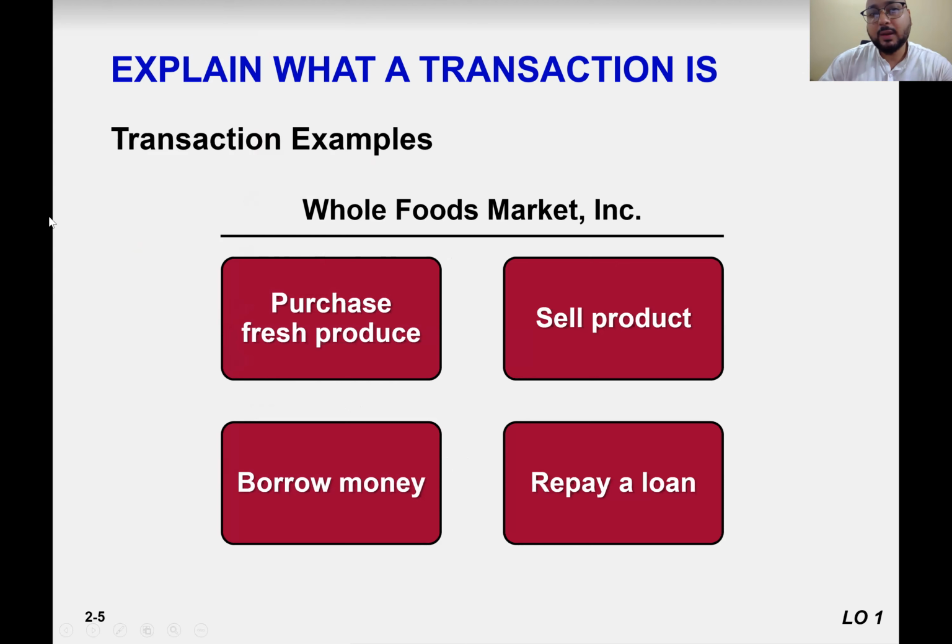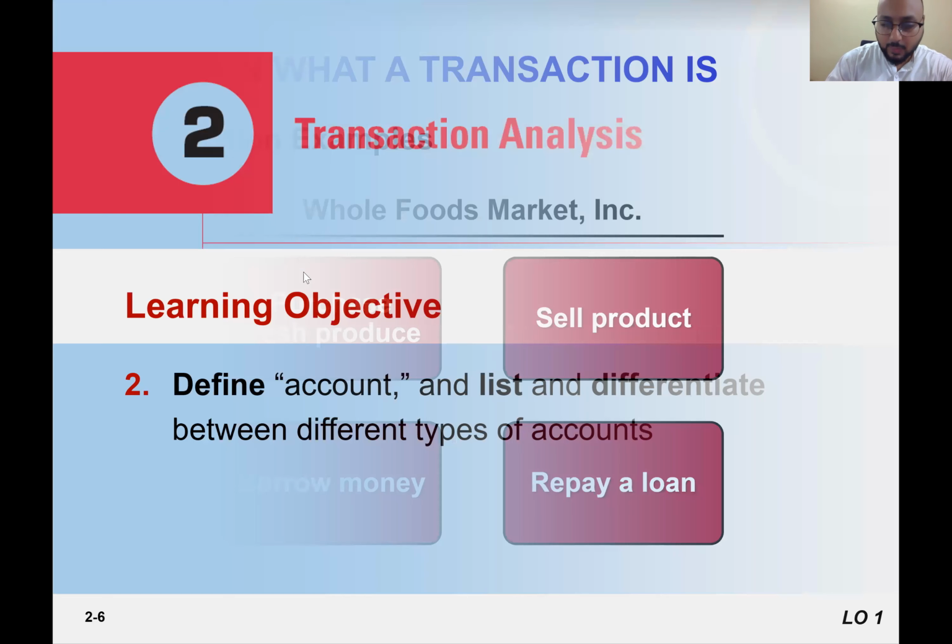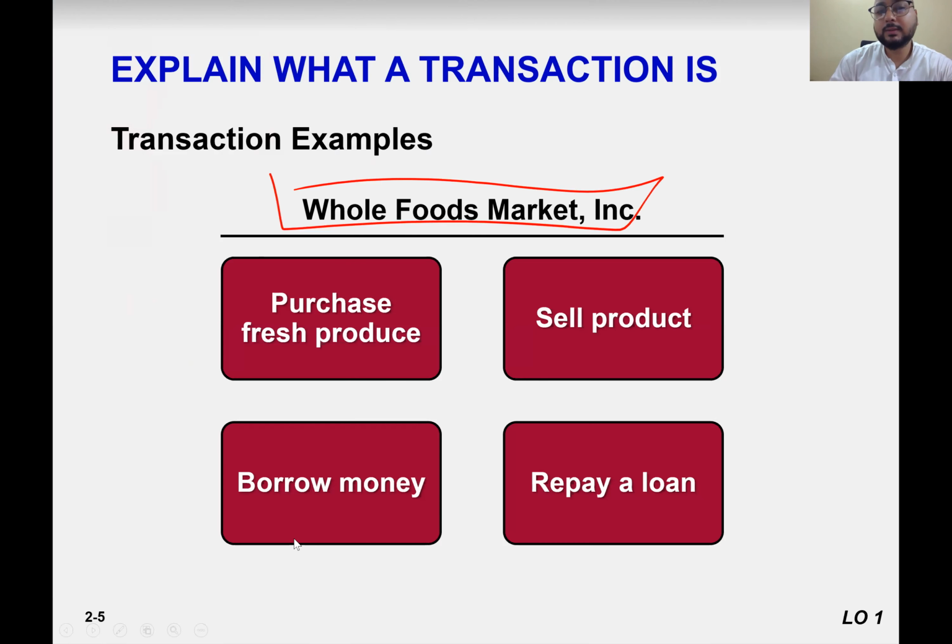Here we go. For example, a company is Whole Foods Market Incorporated. A transaction is when you purchase fresh food from producers. What would be the two sides?